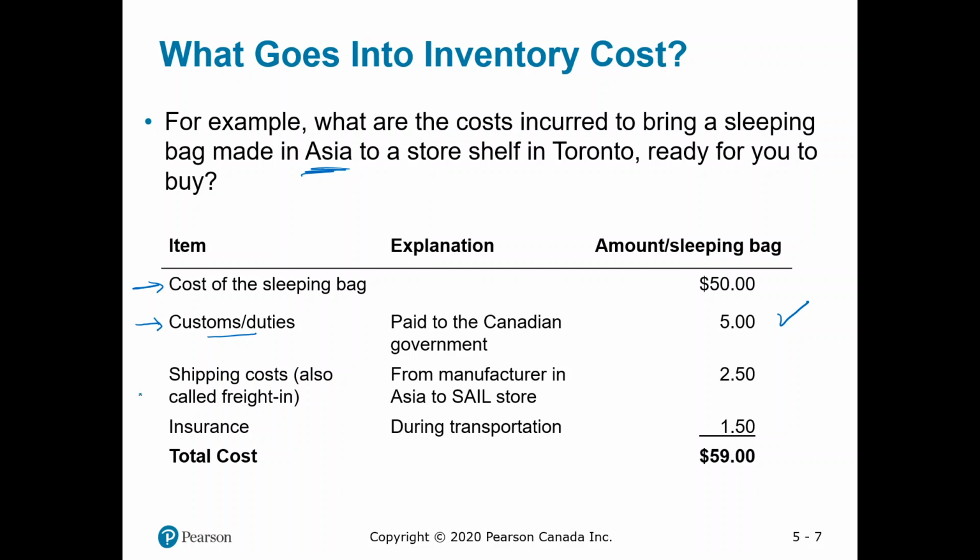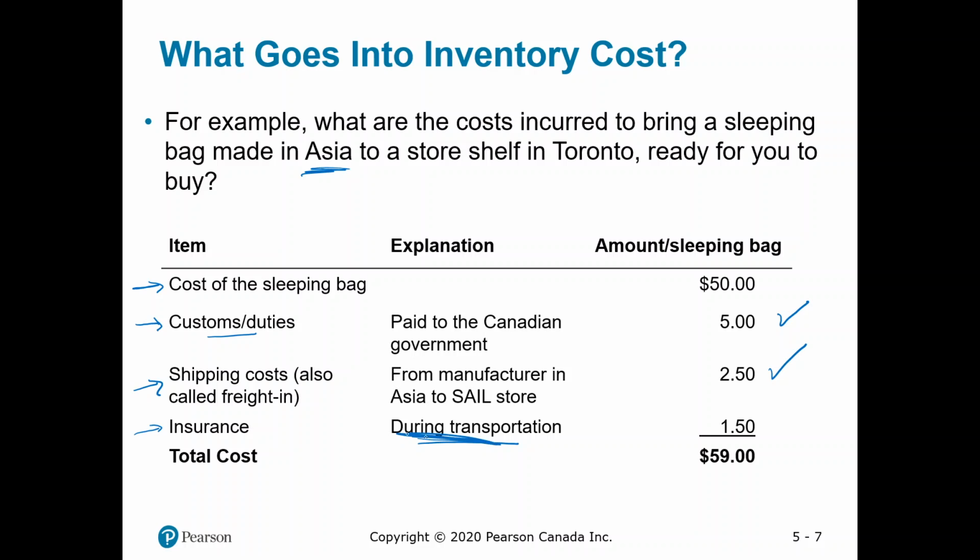As well, any shipping costs. If we're paying shipping to get it from the manufacturer in Asia to the store in Toronto, that is also a cost of getting that item to us ready to sell. So we also include that. And then the last one here is insurance during transportation. If it's coming from Asia, perhaps it's on a big ship and we're bringing it across the ocean, we're going to have some insurance just in case something goes wrong.